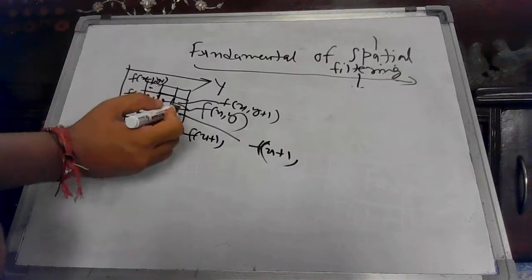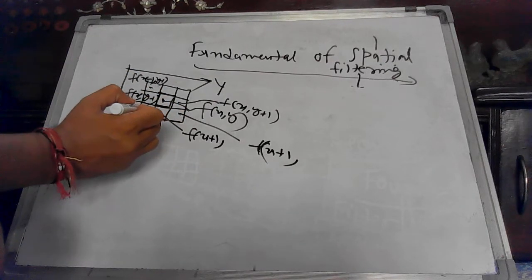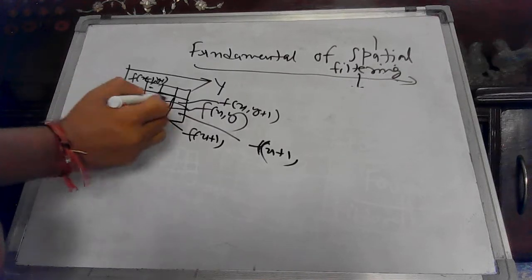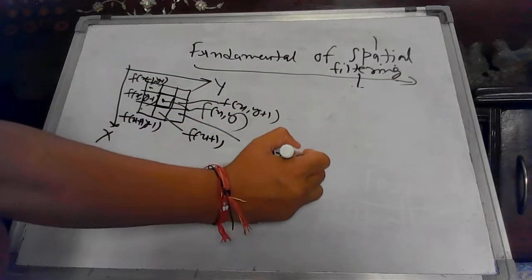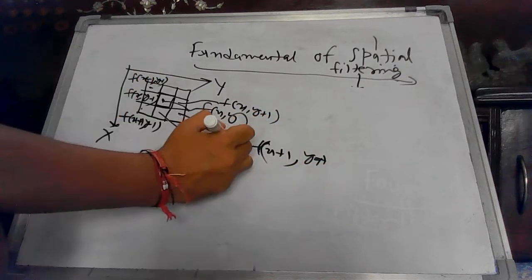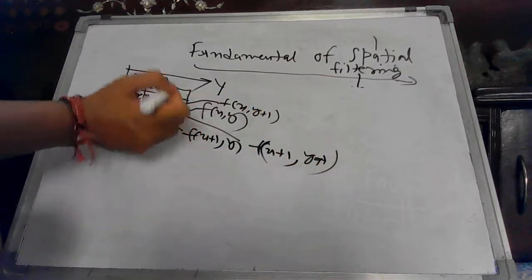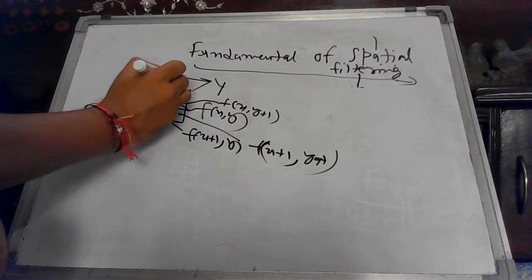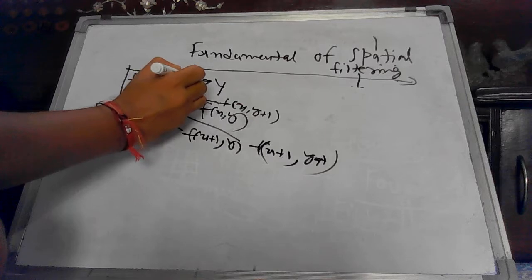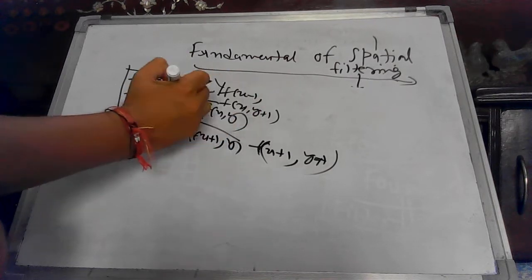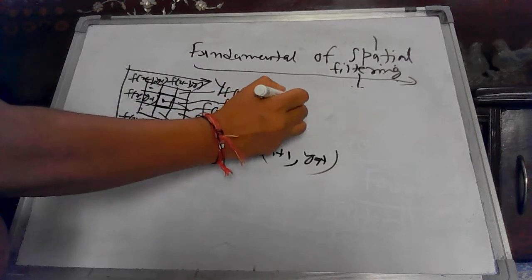And what will be the y position here? The y positions: on this side y minus 1, on this side y plus 1. So this will be y plus 1, and this will be simply the y location. Similarly, this is x minus 1, so f(x minus 1, y), and the last will be f(x minus 1, y plus 1).